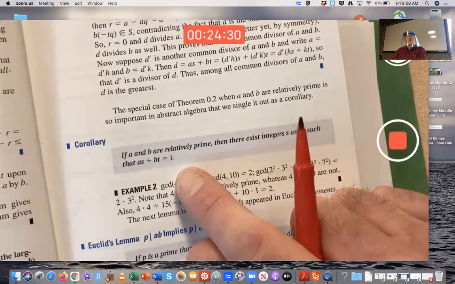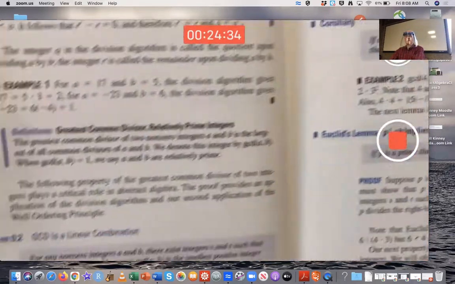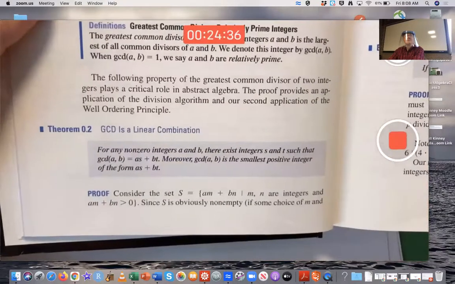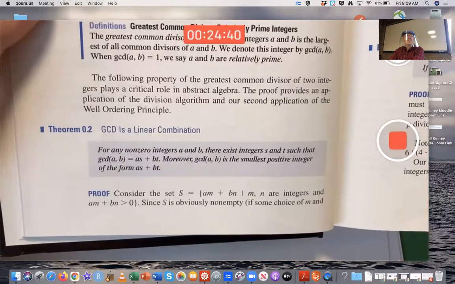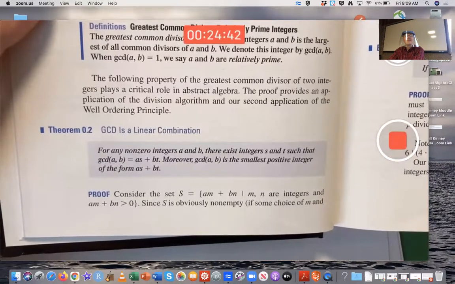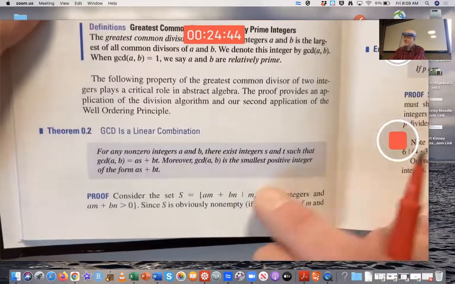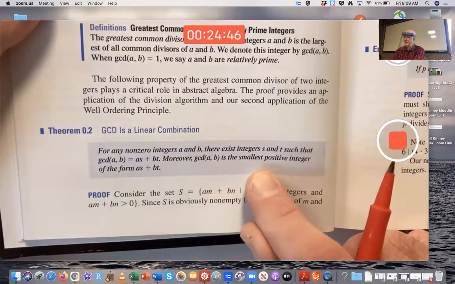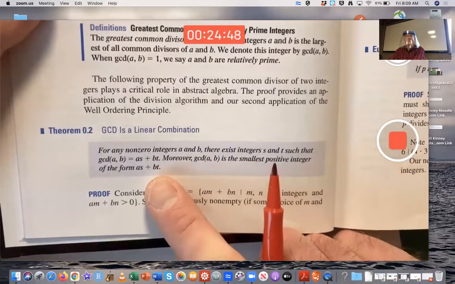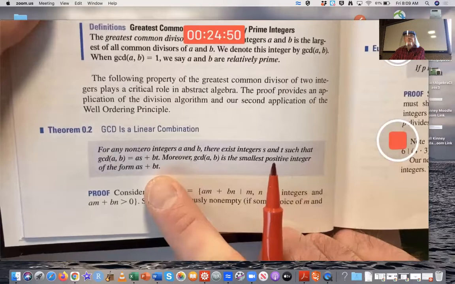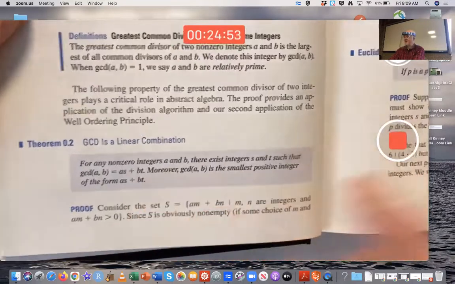But you really could say more, because the theorem has 2 sentences. The GCD is the smallest positive integer of this form. 1 is the smallest positive integer. So you could say more here.